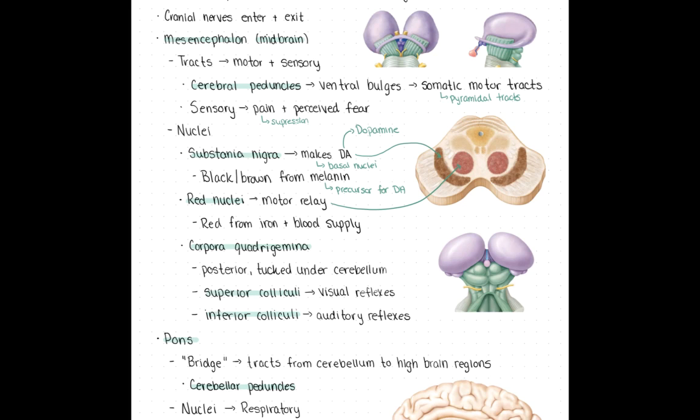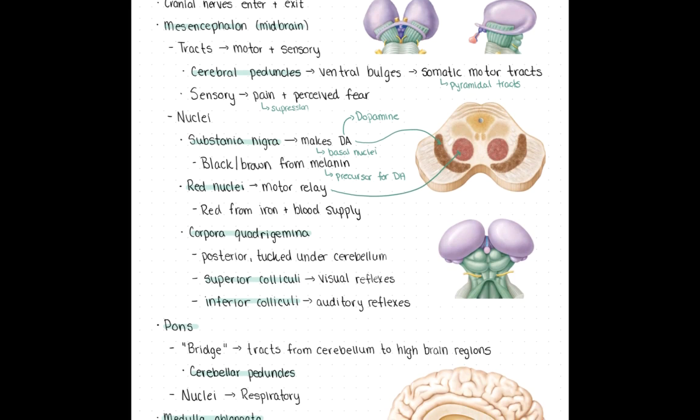They connect motor information from the basal nuclei, from the cortex, from the cerebellum, and integrate all of it. And it's red because it has a very rich blood supply, and it actually has a lot of iron as well. So it gives it that red color.